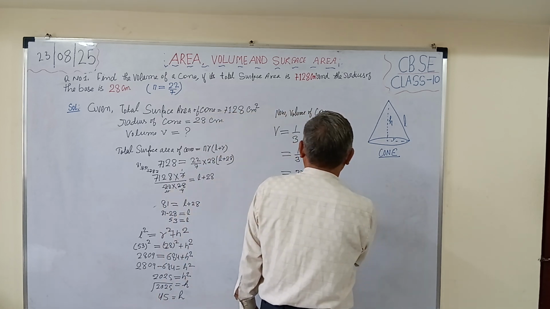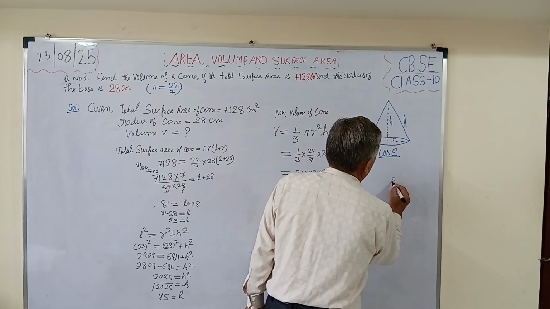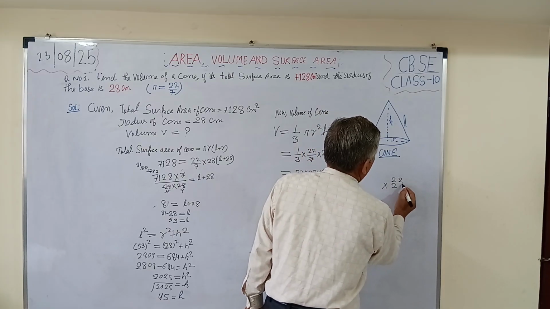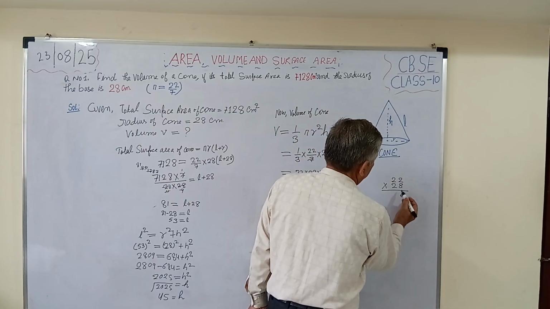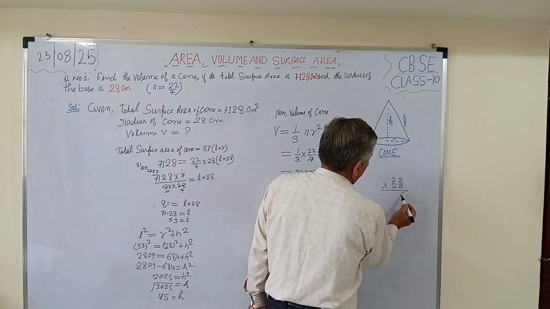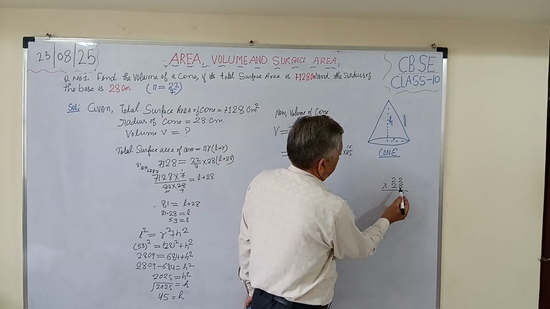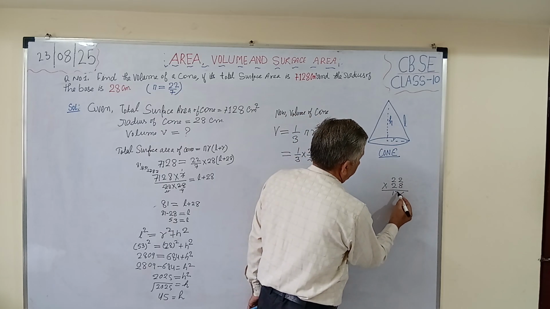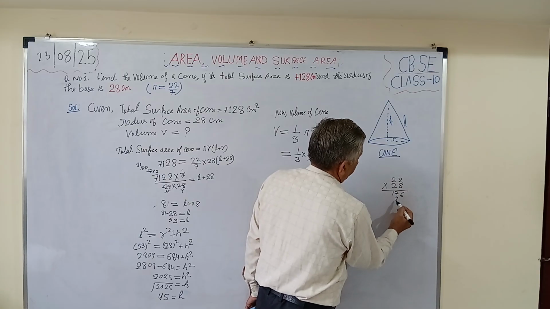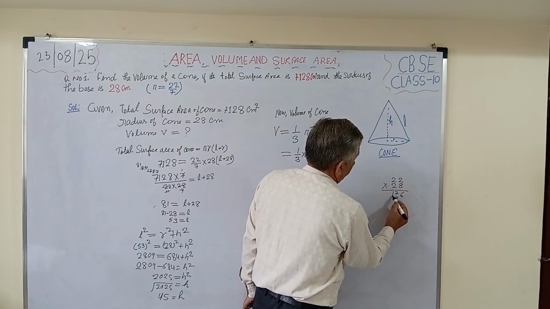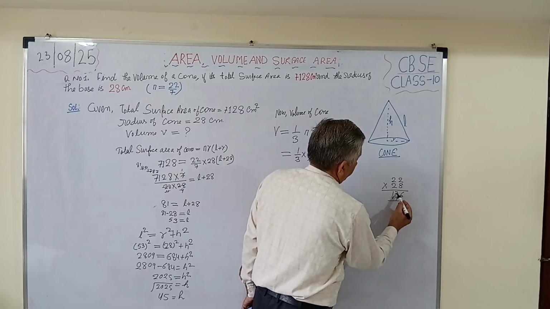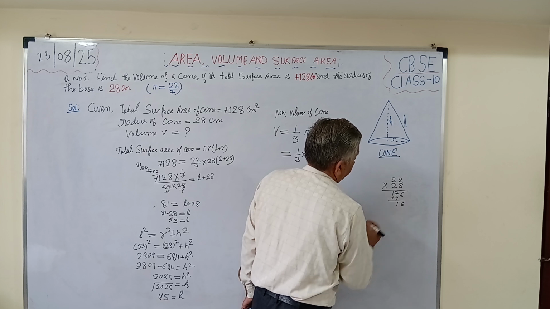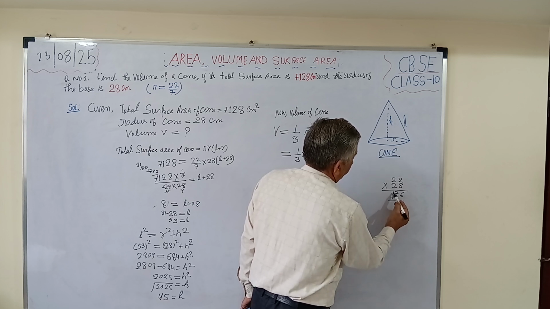That means first we will multiply 22 into 28. 8 2s are 16, 8 2s are 16 plus 1, 17, 2 2s are 4 and 2 2s are 4, 6, 7 plus 4, 11, carry 1, 1 plus 1, 2, 2 and 4, 6.